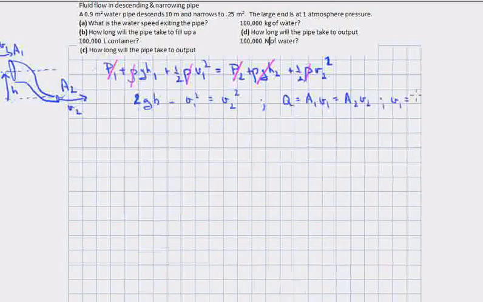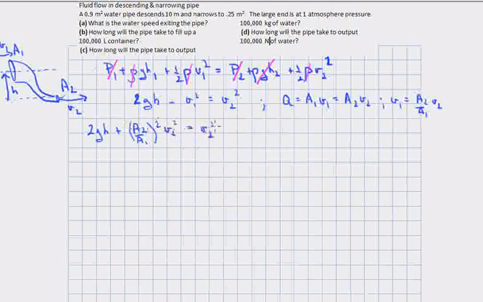V1, the input velocity, is A2 over A1 times V2. Now if I substitute that in here, I'll get 2GH plus A2 over A1 squared times V2 squared is equal to V2 squared.